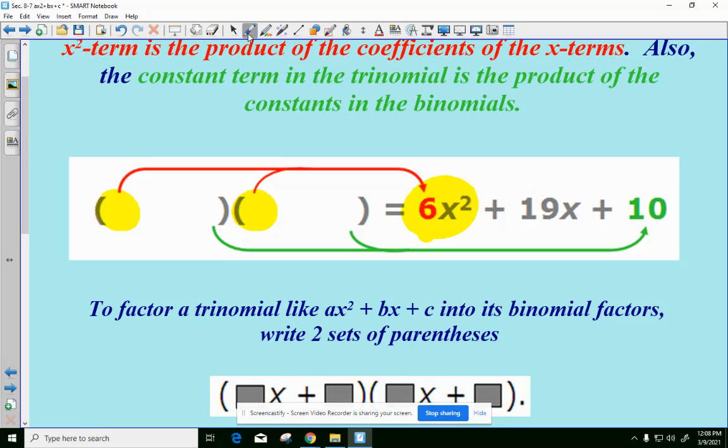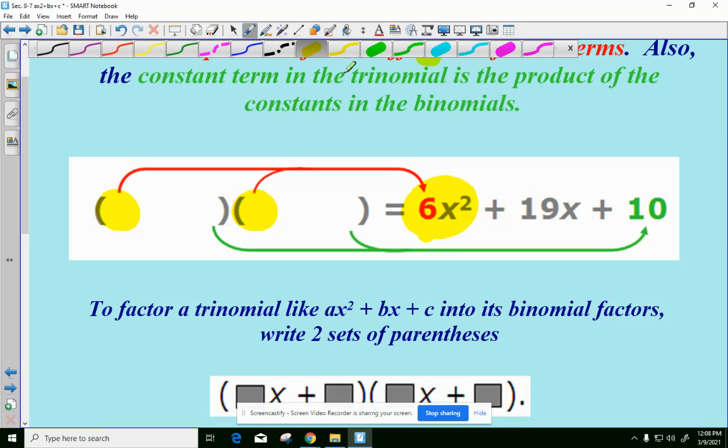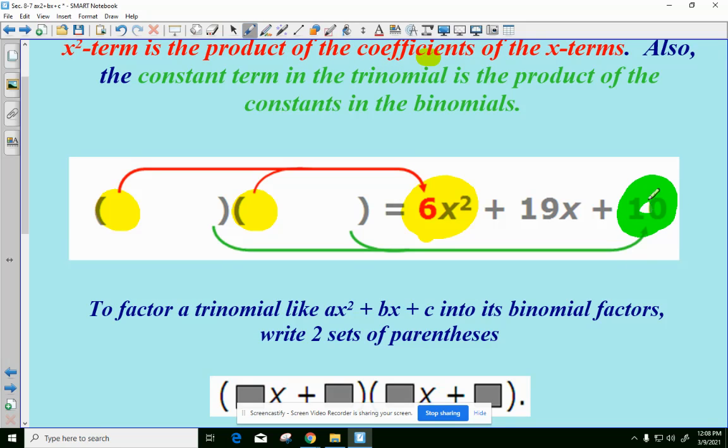Number two, this number down here on the end. This 10 right here. Well, that's a great color choice. Green on green. Can't see it. Where is that number created when you think about foiling? It comes from the last, right? It comes from the end.